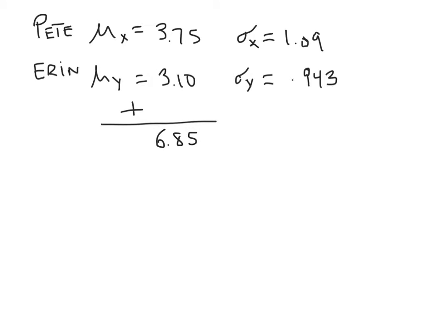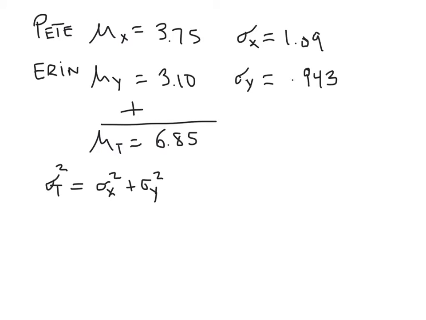You can't just add the standard deviations. What we have to do is add the variances, and this is what it looks like in the book. So we would say that mu sub t, right here, is the total of what they should get each day. So together they would get almost 7 passengers a day on average.